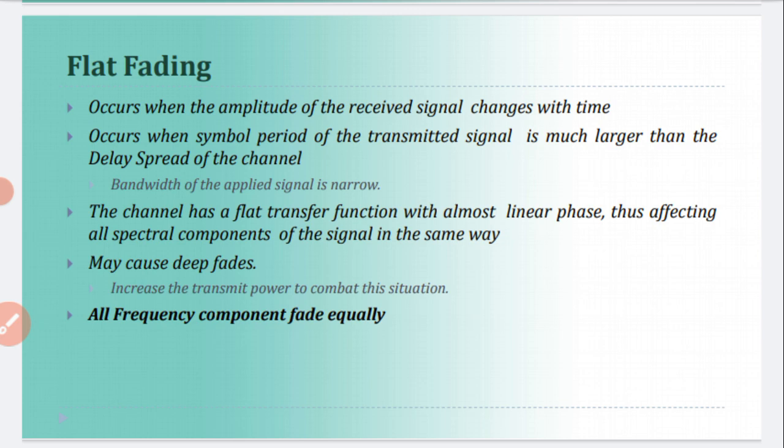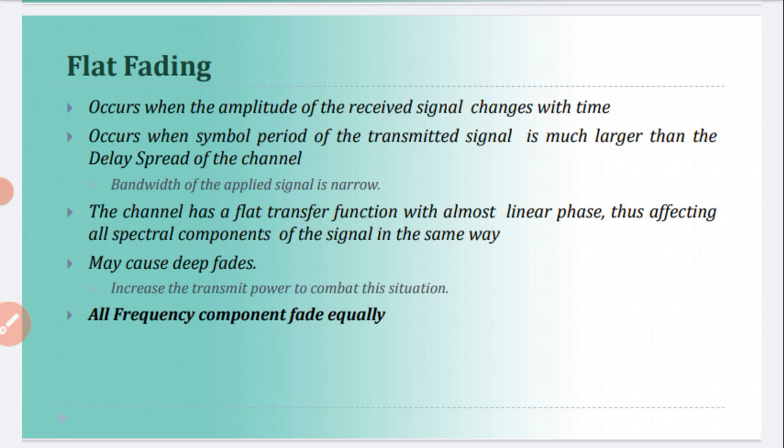It can cause deep fades, so increase the transmitted power to combat this situation. Sometimes this fading will cause deep fades, so to overcome that, we have to increase the transmitted power. Increasing the transmit power will reduce this flat fading.